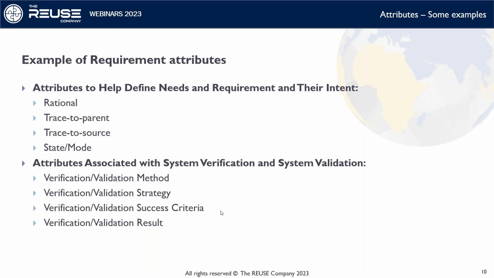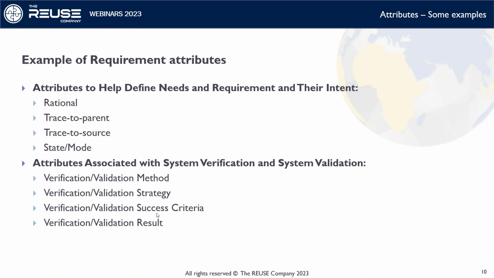The second one is, of course, the one I've been focusing a little bit on here, the verification and validation activities. You have to verify or validate that the requirements are good. So you need attributes managing what type of method you would like to use to verify a requirement, for example, the strategy you want to allocate, the success or acceptance criteria.